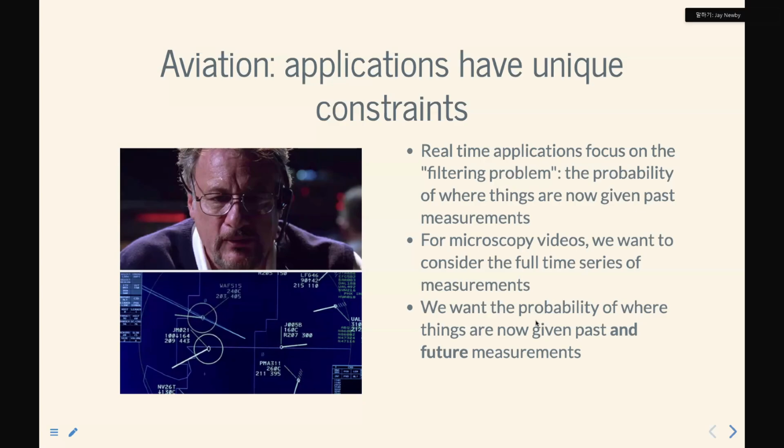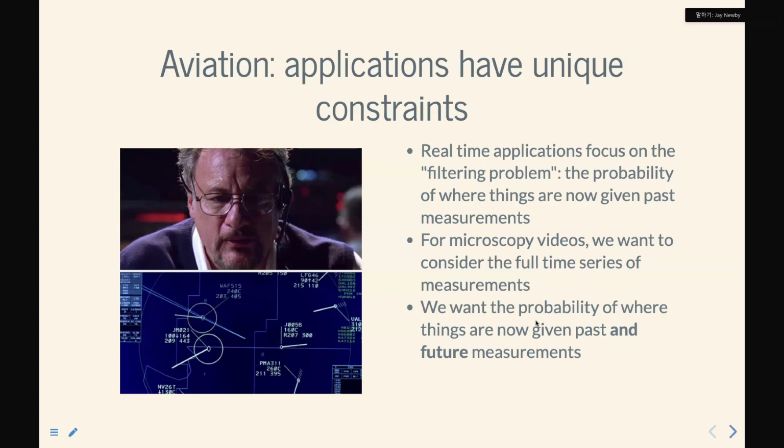Of course, airplanes have transponders, right? So tracking in aviation is only important, I guess, for military. Missiles, right? You're in a jet fighter, you want to know where the missiles are.